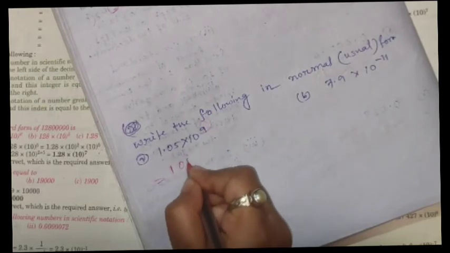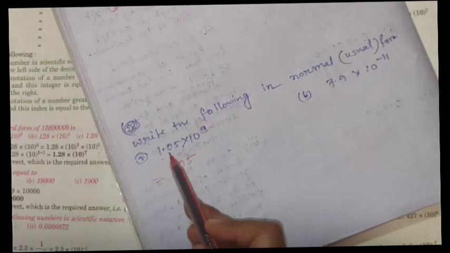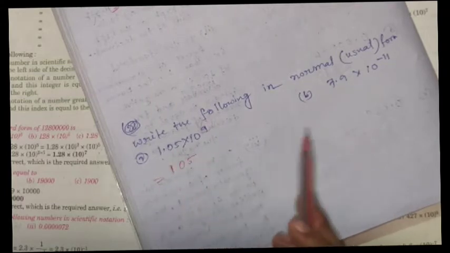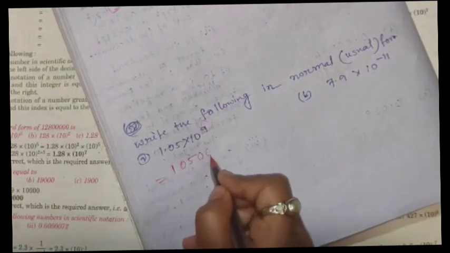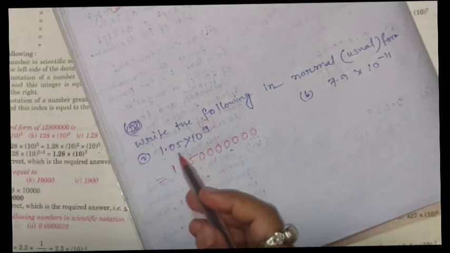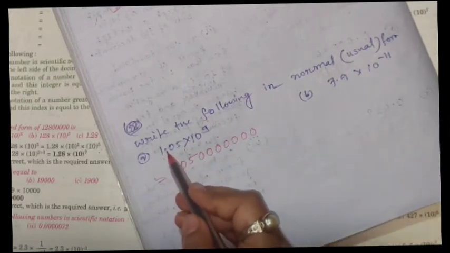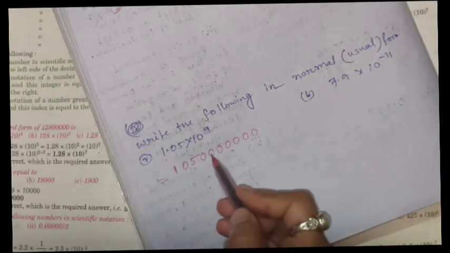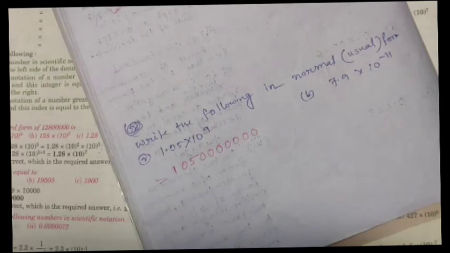So 105, this is the actual number and the decimal is here, so you have to move forward to the right side, 9 units. So 1 2 3 4 5 6 7 8 9. এখানে যেহেতু আর কোনো ডিজিট নেই আমরা 0 বসিয়ে দেব। সো পয়েন্টের এখানে পয়েন্ট আছে, তো 2 units 1 2 3 4 5 6 7 8 9. So this will be the actual answer.